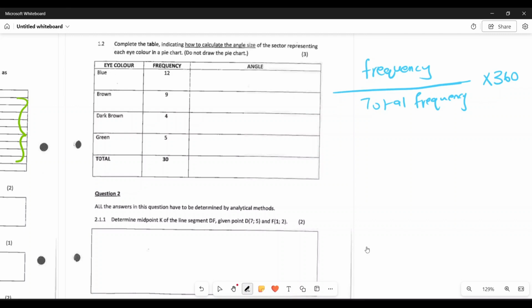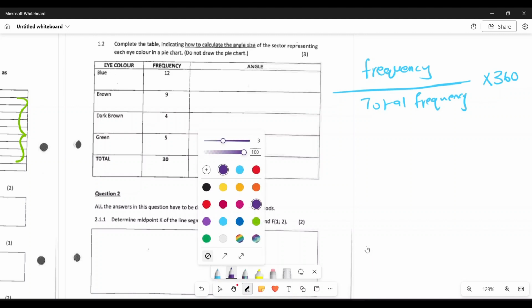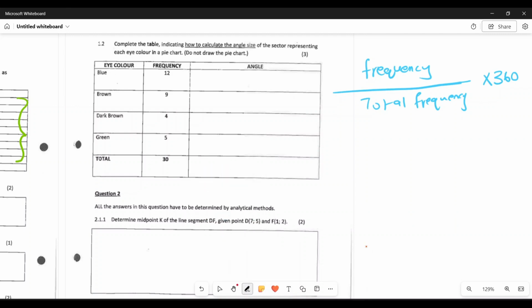Now let us start with the first one, blue. To find the angle for my blue, I'm going to say 12, which is my frequency for blue, divided by my total of 30, multiplied by 360. Punching that into my calculator, the angle for my blue is going to be 144 degrees. Now doing the same for my brown, it's going to be 9 over 30 multiplied by 360, and as a result, this is going to be 108.